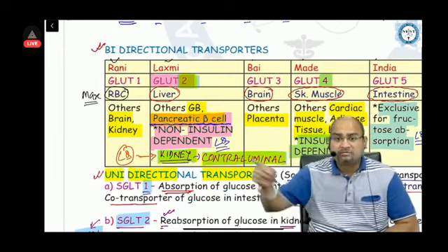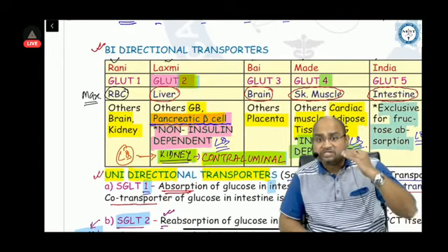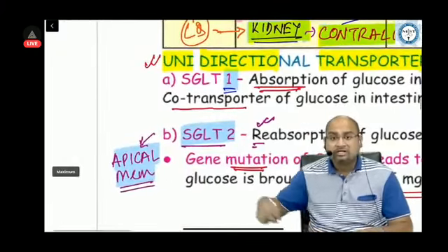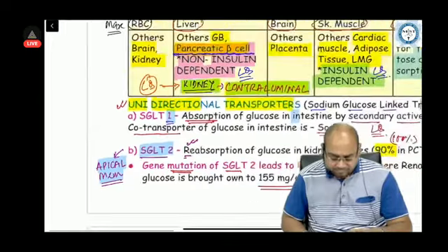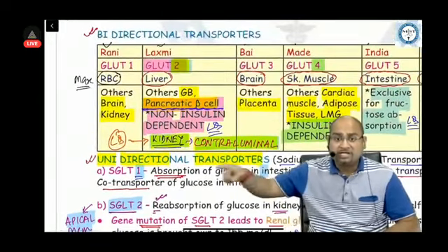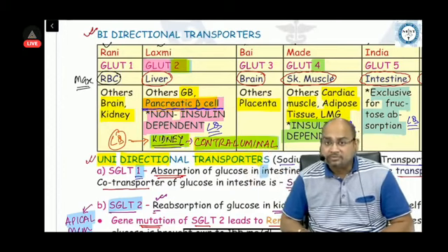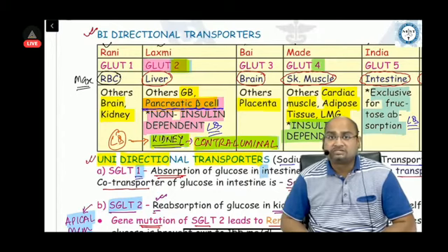GLUT2 is also found in our kidney. Whenever there is renal reabsorption of glucose in the kidney, first we have SGLT2, which is present on the apical or luminal side. When the glucose is first reabsorbed by SGLT2, it then has to enter back into the blood from the kidney, and at that time GLUT2 is the transporter.